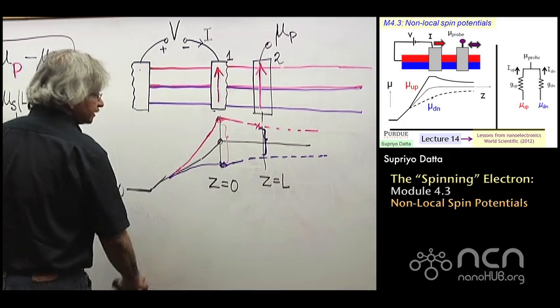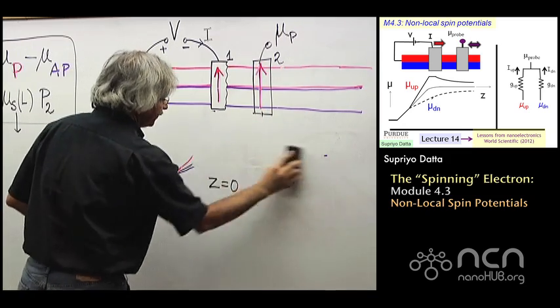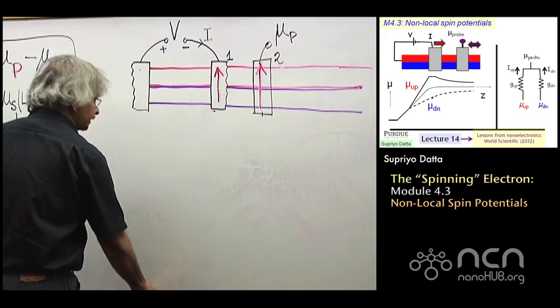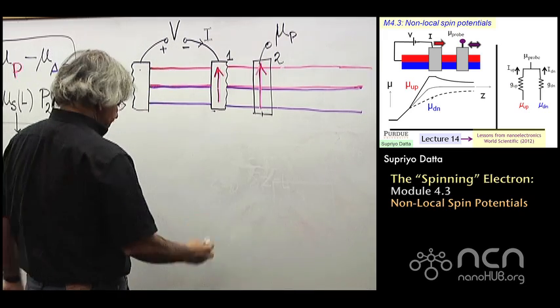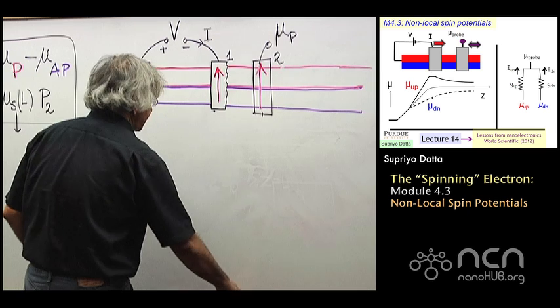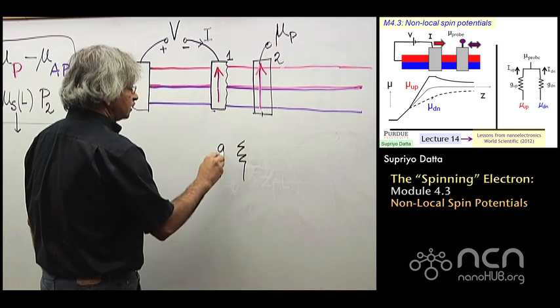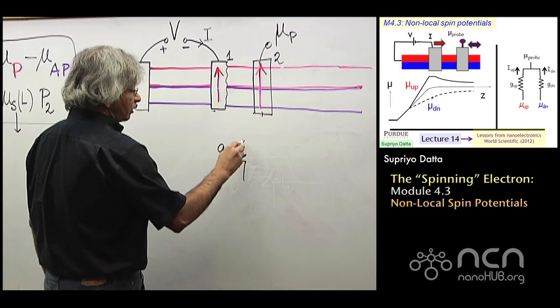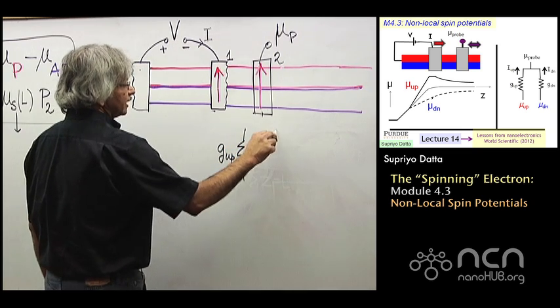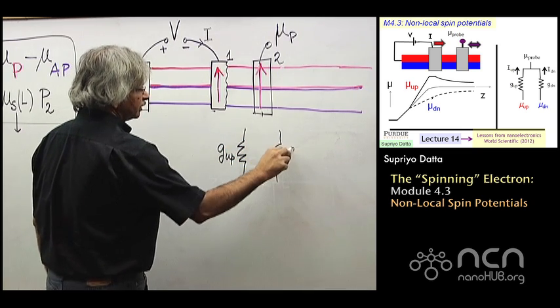If I want to model that, the way you do it is, you could say that from this channel, I have these two separate conductances, one due to the up interface, and a separate one for the down.